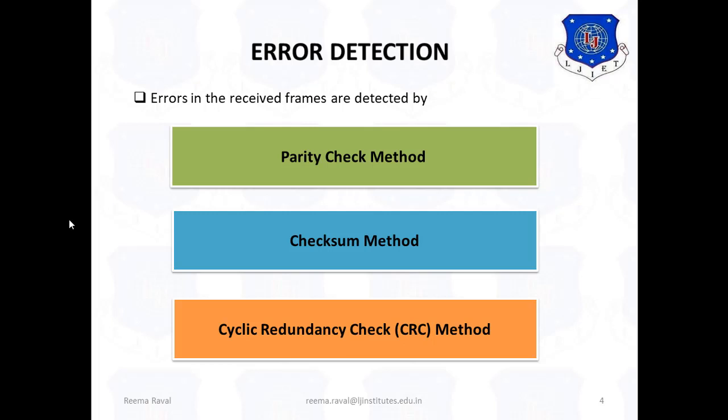The second one, error correcting codes, are those codes which can detect and correct the errors as well. In error detection, three main methods are there: parity check method, checksum method, and cyclic redundancy check, that is CRC method. Let us understand each method in detail.